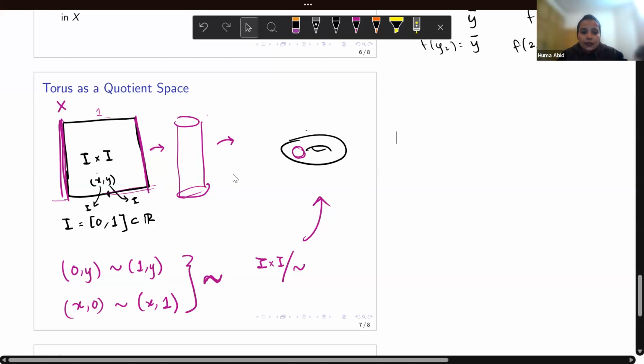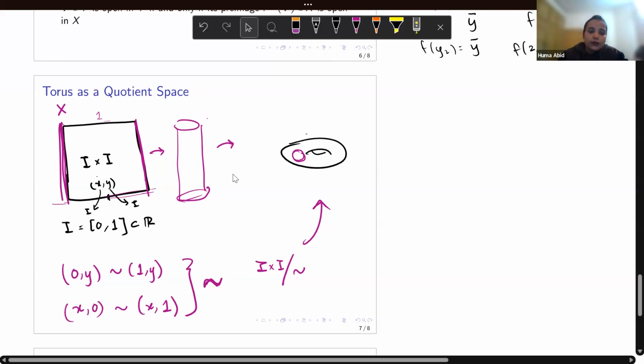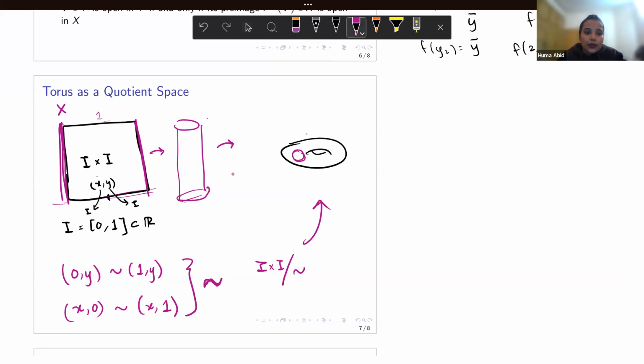As far as the number of points is concerned, the whole point of defining a quotient structure, of doing a quotient operation, is to get rid of the redundancies and only focus on the property that you want to focus on. In that process, you're intentionally losing information so that you can only focus on the information that you want.